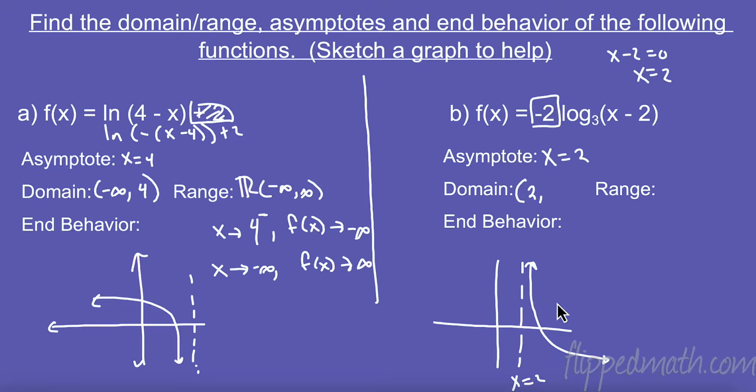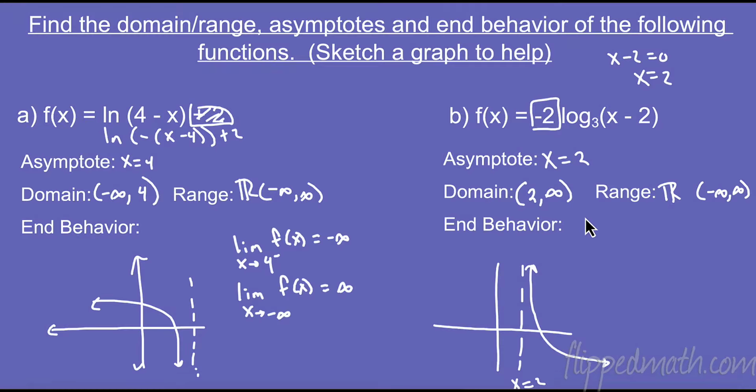What's our most right number? Our biggest x value is infinity. Range is always all real numbers, or from negative infinity to positive infinity, the same thing. If you ever miss this on a test or a master check or a quiz, whatever you're taking, shame on you. Shame. So let's take a look at the end behavior again.